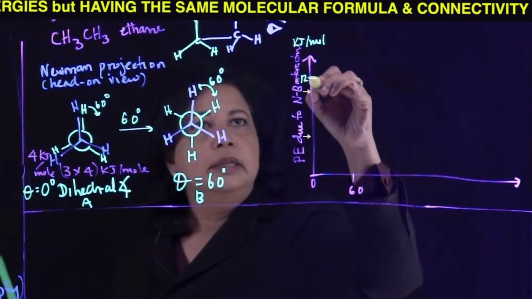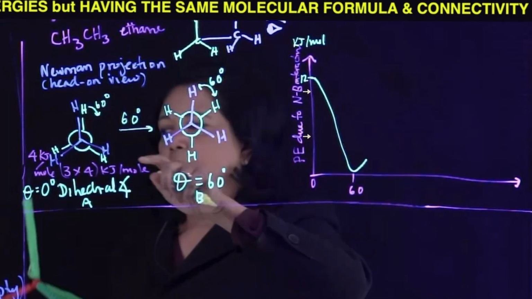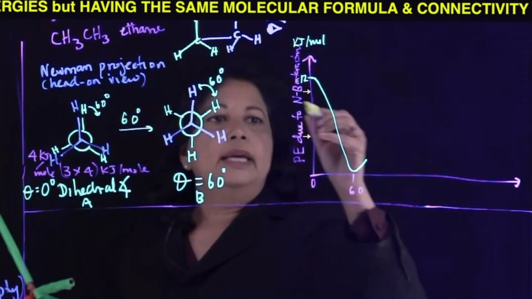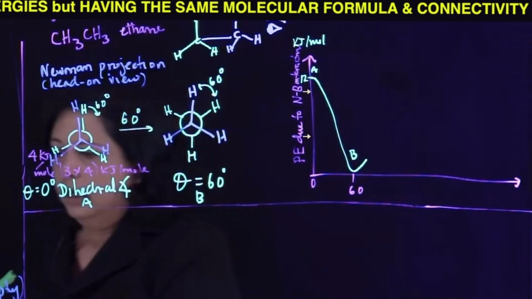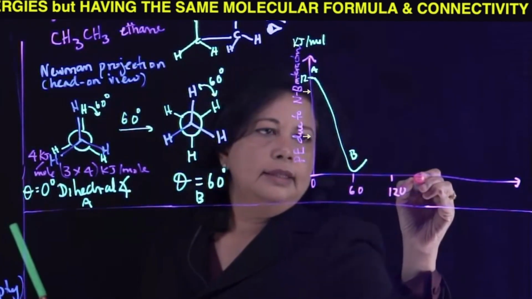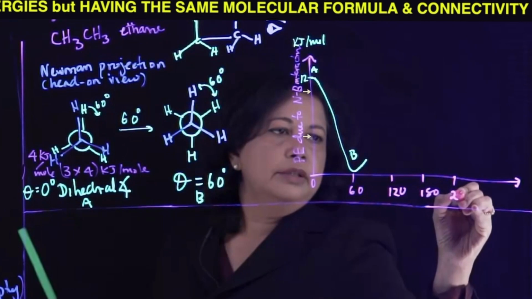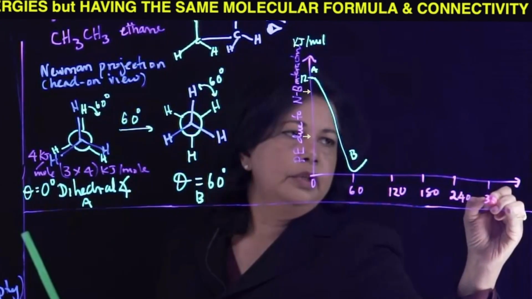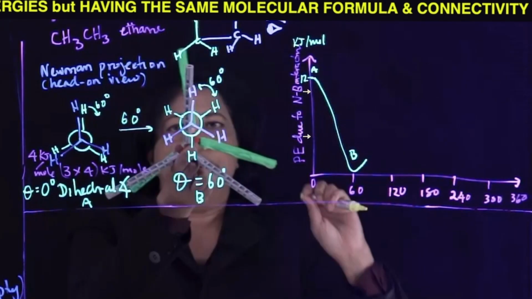And then the non-bonded interaction would drop, and then again, when you keep rotating, it's going to go back to A again. So this is A, B. Then you go to another 60, and then another 60, and so on. So 240, 300, 360, and you're going to alternate between these two states.